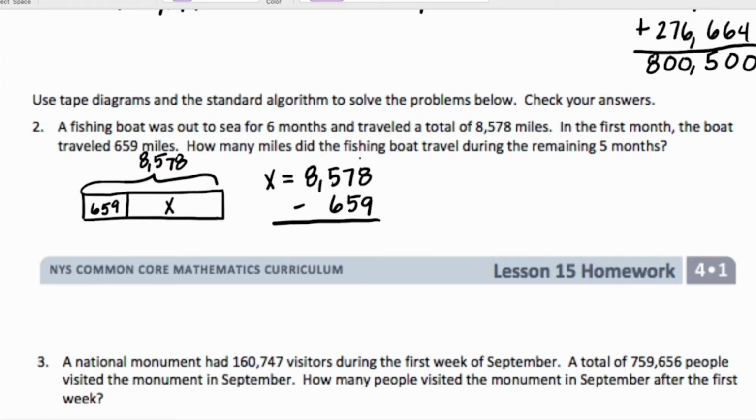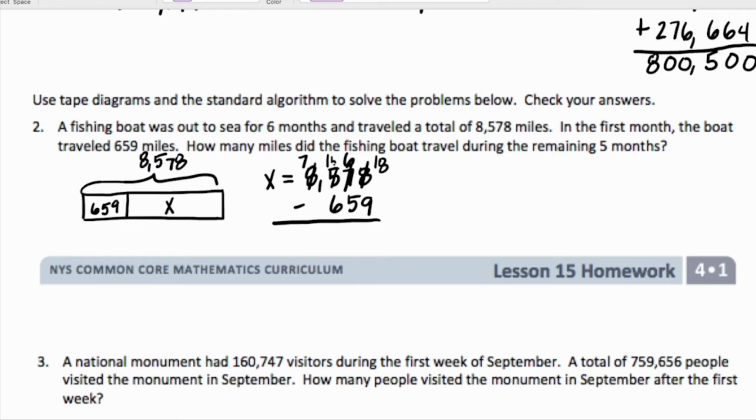8 minus 9, I can't do that. So I'm going to take from the 7. 7 becomes 6, 8 becomes 18. Now I can do 8 minus 9. I can do 6 minus 5. I can't do 5 minus 6. So I'm going to take from the 8. It becomes 7.